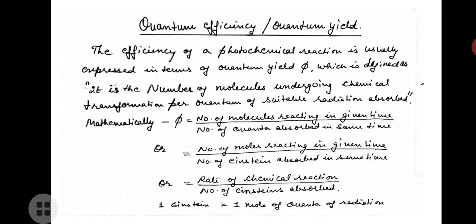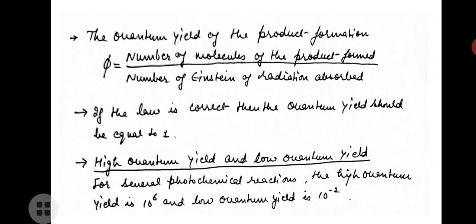The energy E absorbed per molecule of the reacting substance is called 1 Einstein. The quantum yield of the product formation, phi, is equal to the number of molecules of the product formed upon the number of Einstein of radiation absorbed.